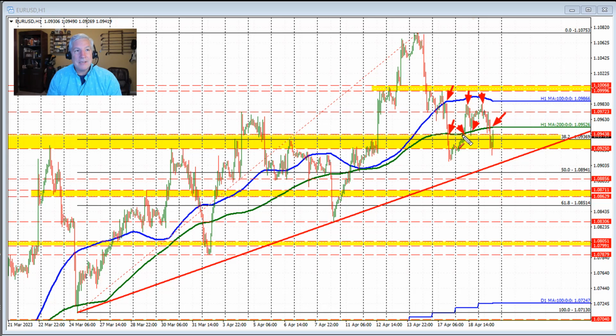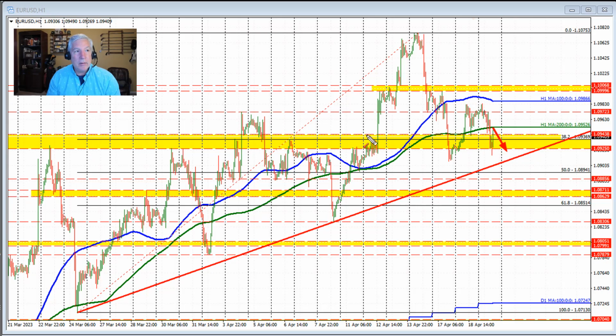So it's not necessarily the most important technical level, but you never know when the price is going to break one of these moving averages and then use it as a key barometer for the next move, like it did right here, where the market came down to the level and found support buyers against the 100 and 200-hour moving average. Boom, pushed to the upside. So we broke below it, corrected up to it, and we're going to see if we can find the sellers against that level to push the price further to the downside.